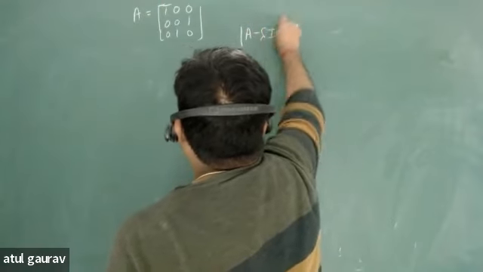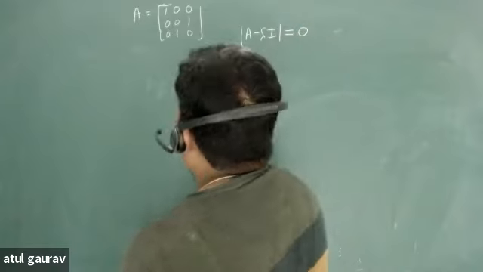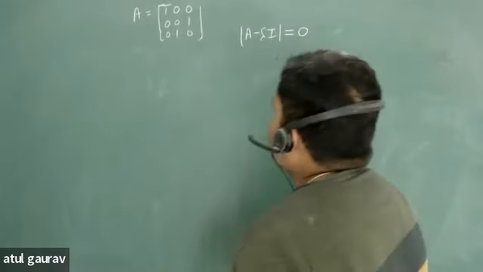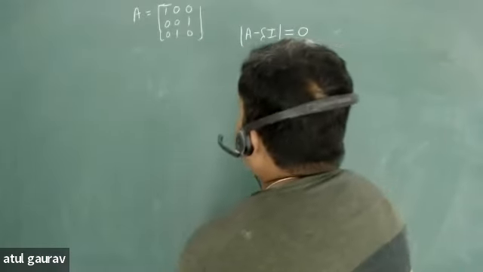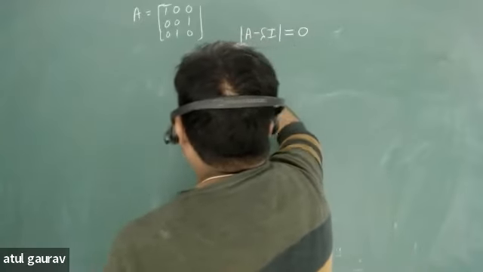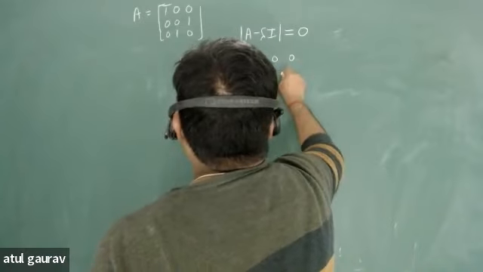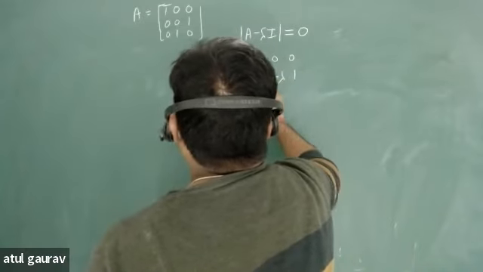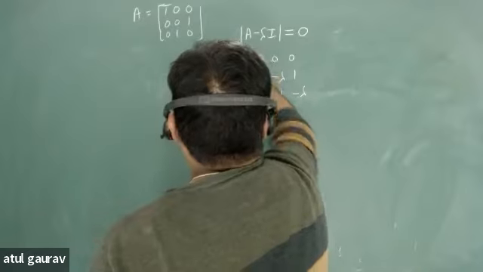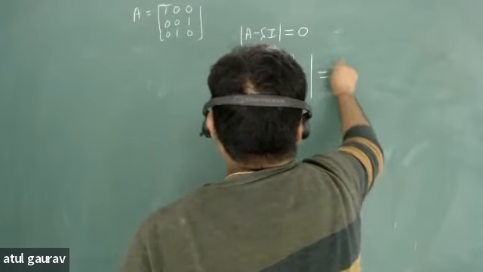A minus lambda I must be equal to 0. If you write it: 1 minus lambda, 0, 0; 0, minus lambda, 1; 0, 1, minus lambda, and this must be equal to 0.